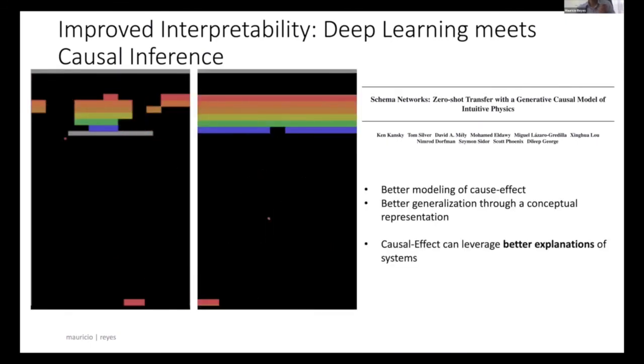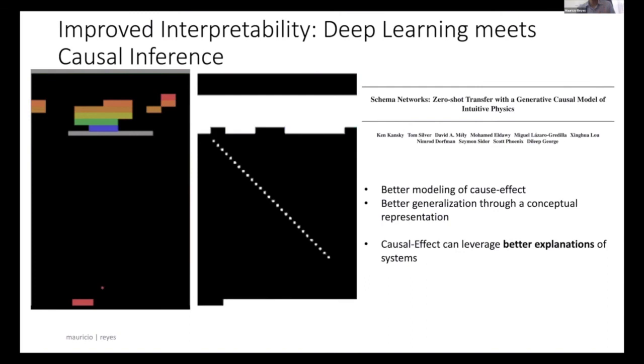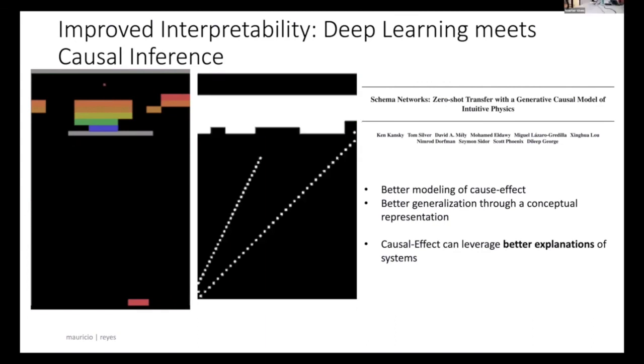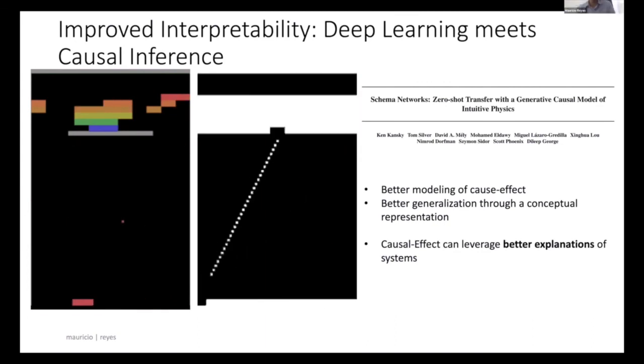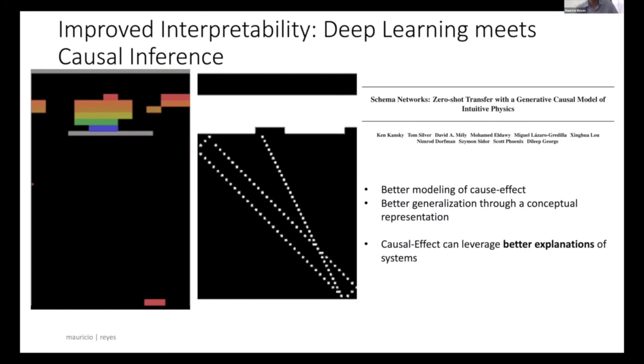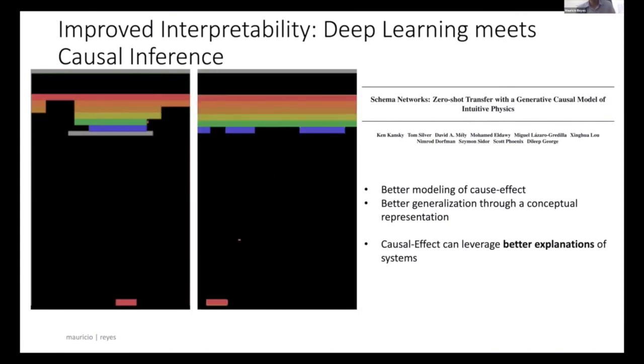Now the system better models cause and effect and can generalize much better, and can also explain. You see the trajectories on the right. You can see why the system took a given decision. So this is, I think, the next step for us in terms of interpretability and in general for AI, moving away from associational modeling into a causal inference approach.